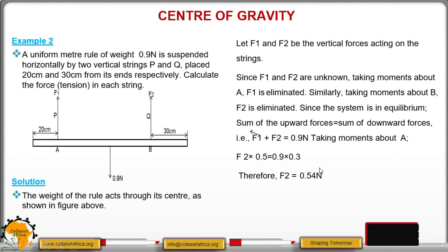Therefore, dividing through by 0.5, F2 becomes 0.54 newtons. But F1 plus F2 is equal to 0.9, so F1 will be equal to 0.9 minus 0.54, which is 0.36 newtons.